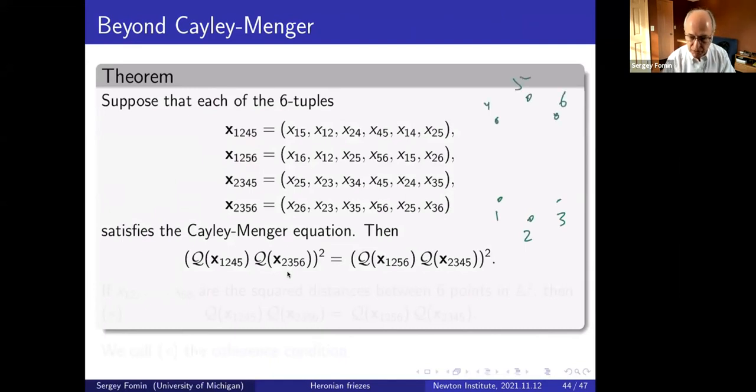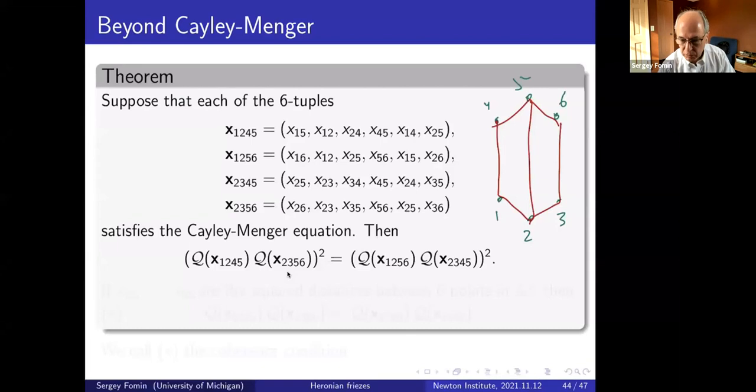These are the guys that will appear in the frieze. And then I want to take this quadrilateral, but also this quadrilateral and this quadrilateral. Okay? And for each of these quadrilaterals, I write the Cayley-Menger equation. It should be satisfied by these guys.